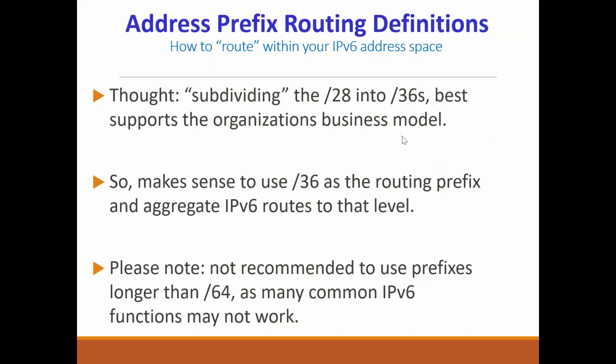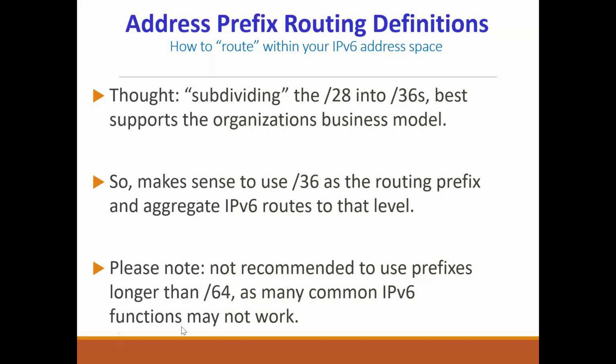But before we go on to the next slide, and this isn't Mike talking, this is the IETF and anyone that's setting standards for IPv6. We've selected a /36, but it's not a good idea to go anything longer than a /64, because IPv6 assumes that you're not going to be doing anything longer, and certain functions may not work, such as SLAAC, which is really important.